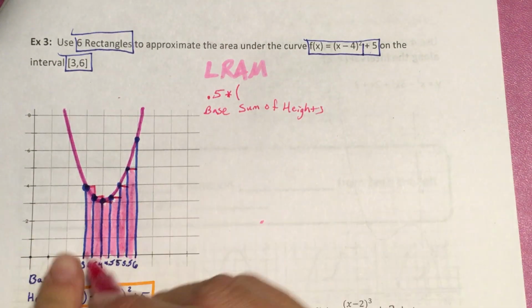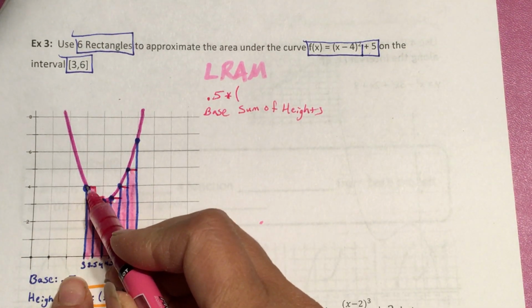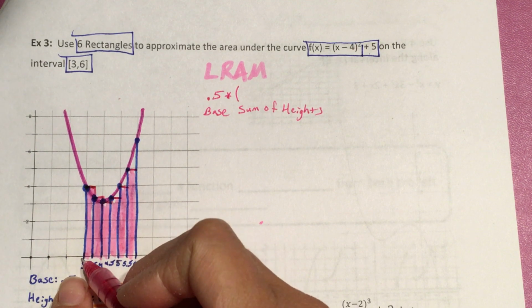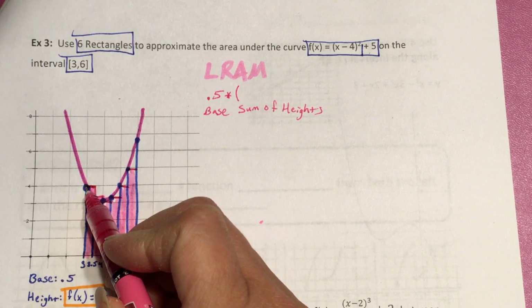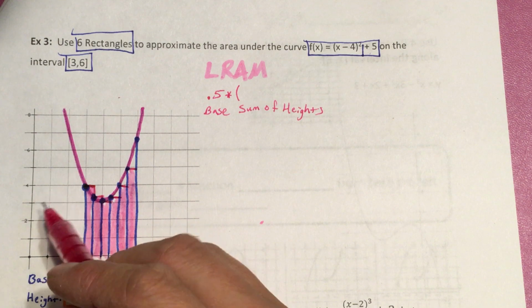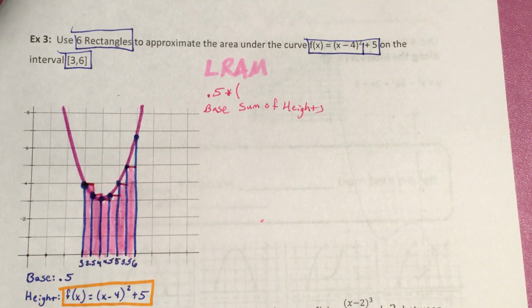Our first height would be f of 3. This is our first height, so f of 3 will give me that height, and it looks like it is maybe at 4, but we'll find out once we start working through this problem.